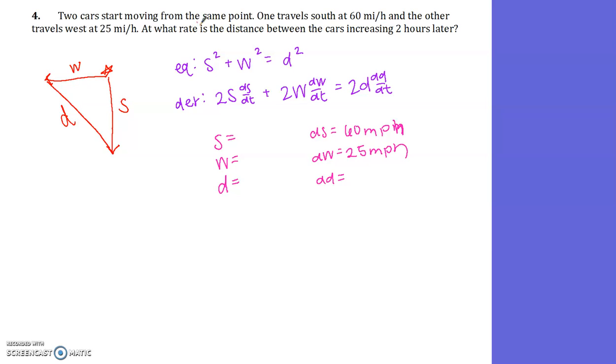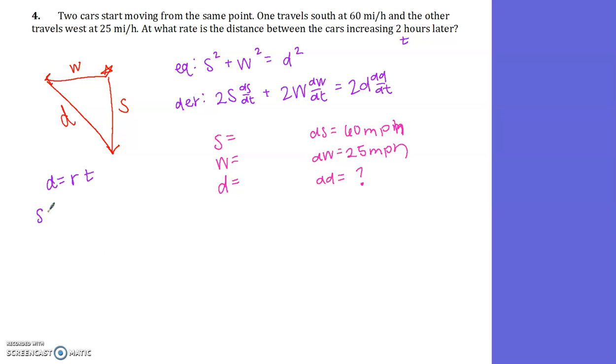They're asking for a rate, so that means a dt. dD dt is the only one left, which is what they're asking for, the distance between them, so the rate for this side. Now I need my S, my W, and my D. They didn't give us any lengths in this one. But since we know the rates and we know the time, we can use distance equals rate times time.